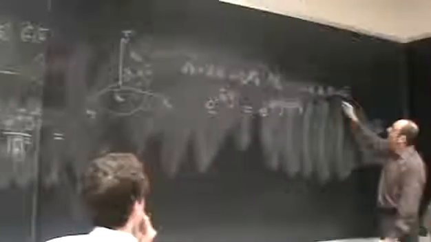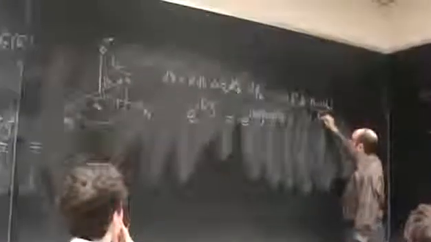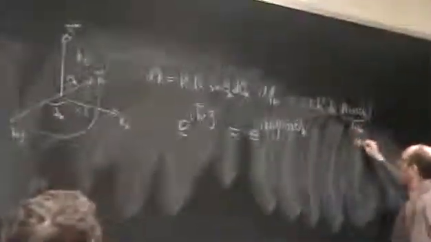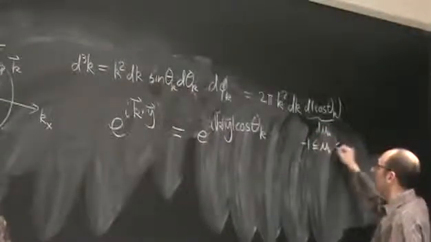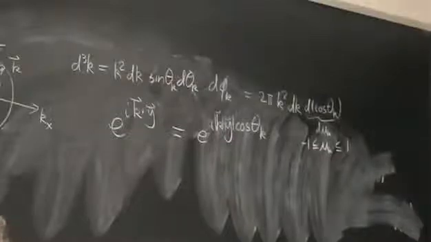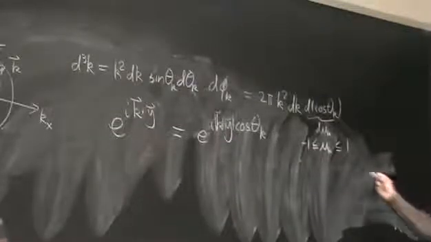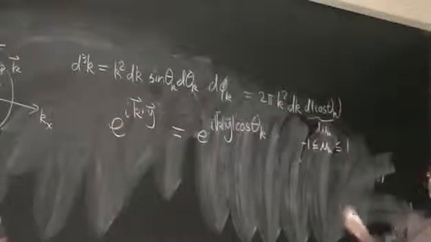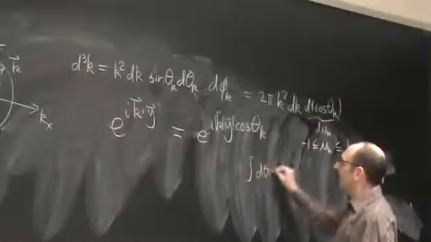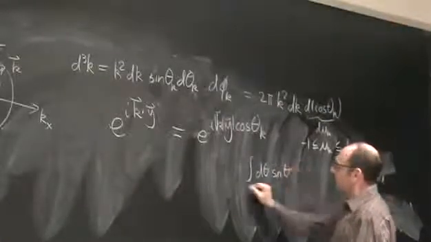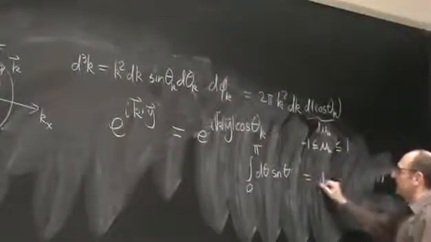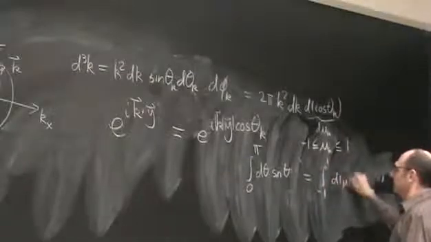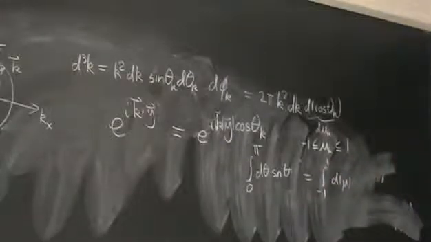So we call this d cosine theta d mu, where as theta goes from 0 to pi, mu goes from 1 to minus 1, and switching the limits absorbs the minus sign, so the integral over theta becomes the integral of mu from minus 1 to 1.